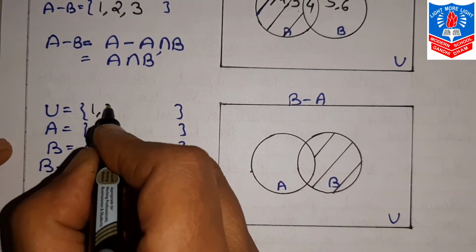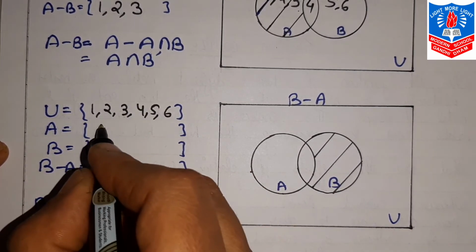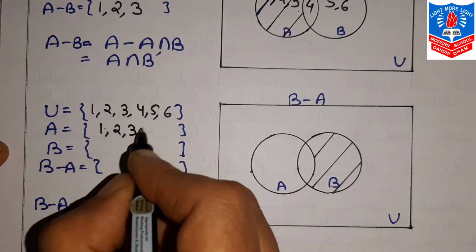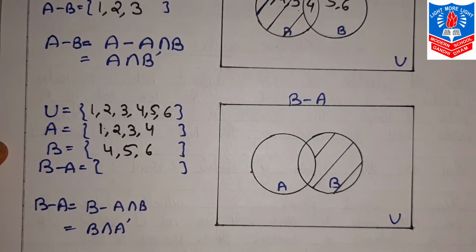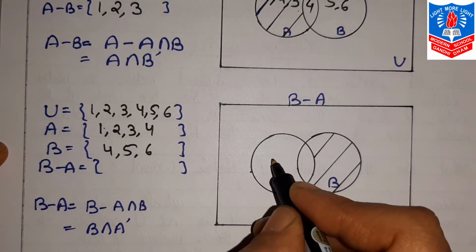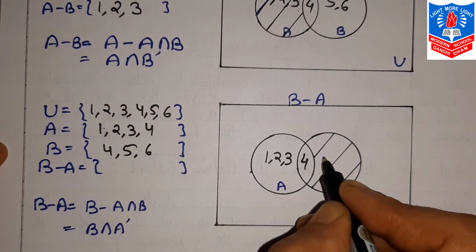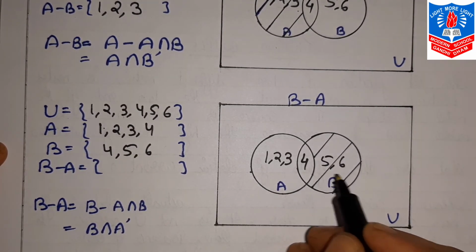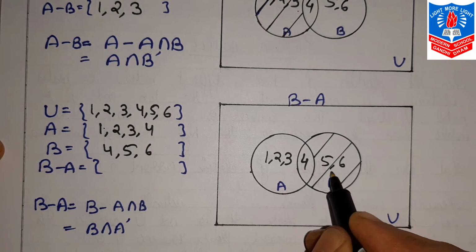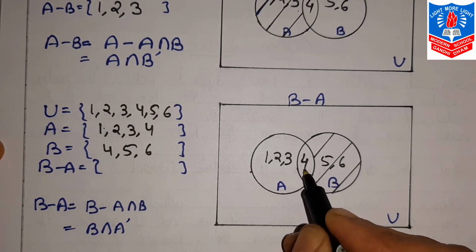Now the same example I am taking. U is the numbers 1 to 6, event A is 1 2 3 4, and B is 4 5 6. So here if I write 1 2 3, here 4, and this is 5 and 6. Now what we want, the elements which are only in B, that is 5 and 6 only, not 4.